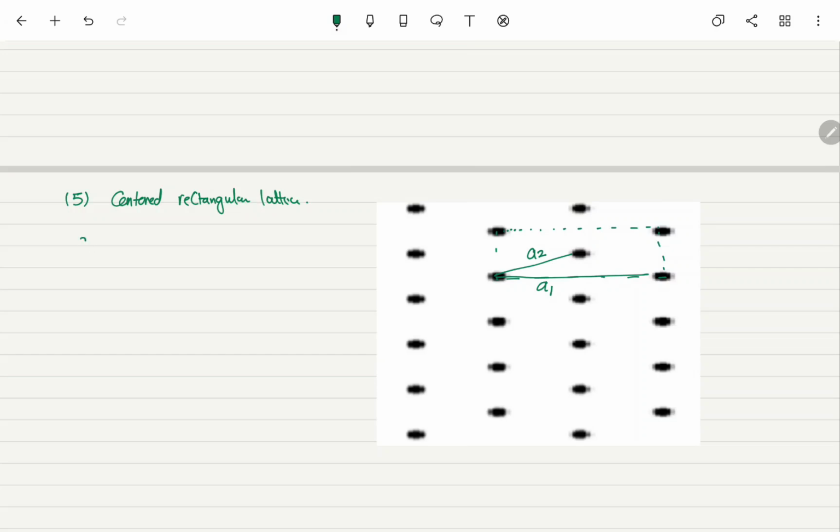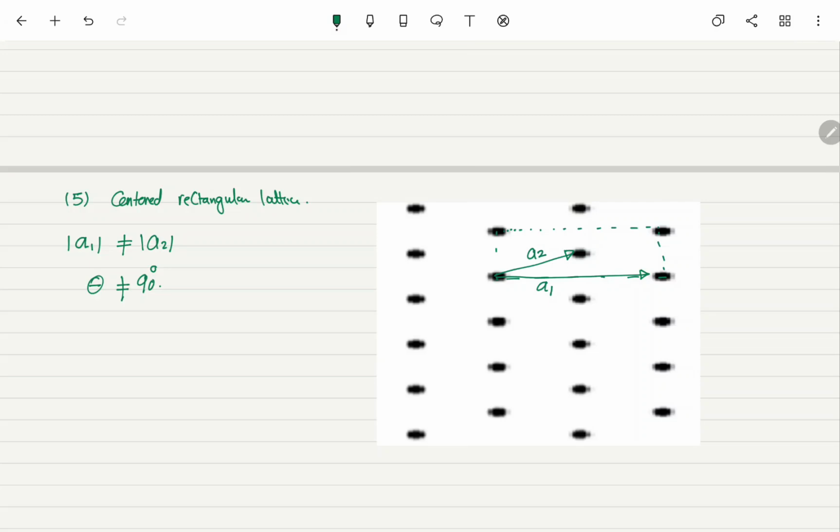So A1 does not equal A2, and theta in this case does not equal 90 degrees. This is A1, this is A2.